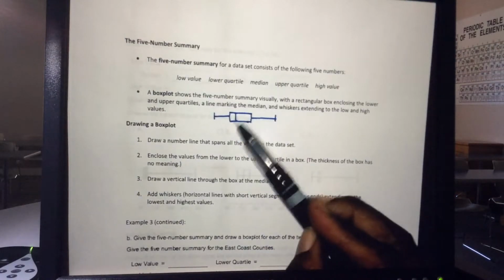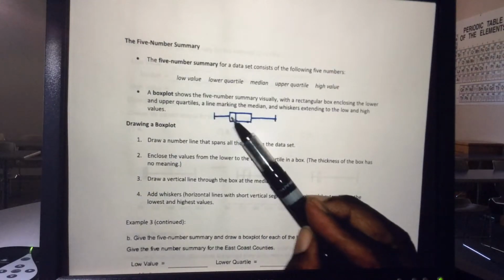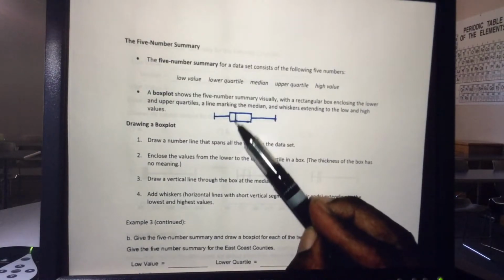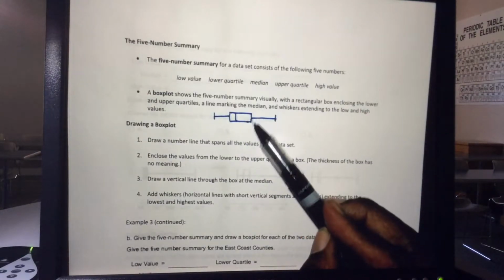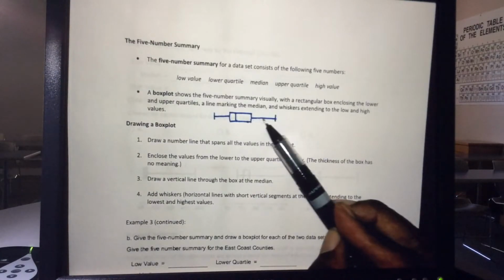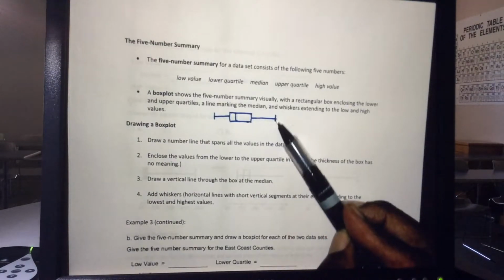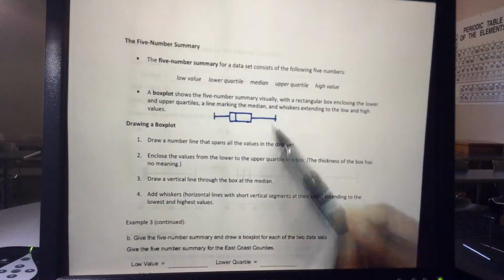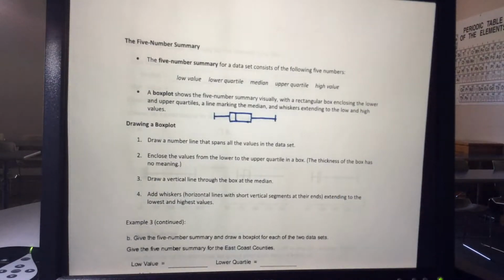This box creates the quartiles here. The first line would be the lower quartile. This line inside the box is your median. This line right here is going to be your upper quartile, and it's going to be extended by another whisker, which will have the high value on the far right. That's what the box plot looks like.